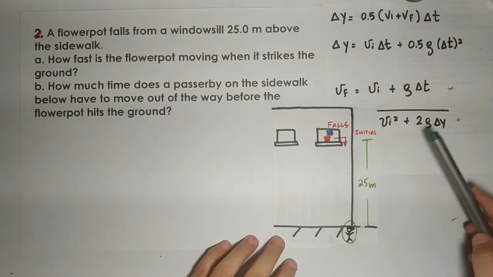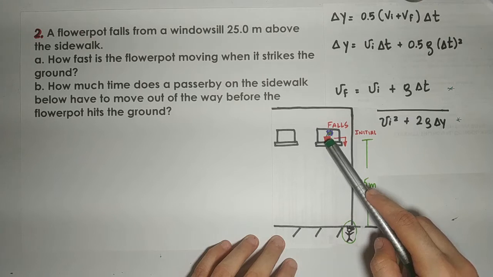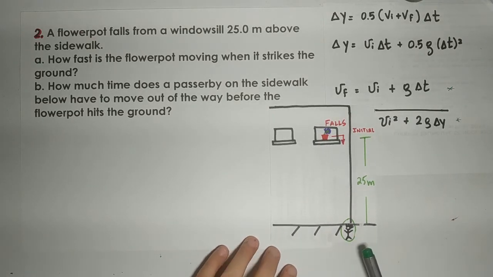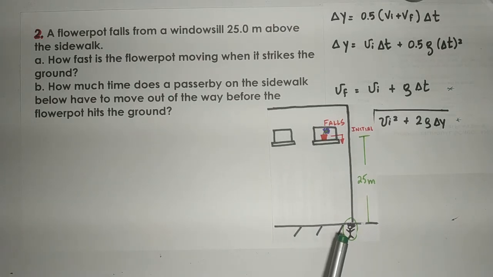So basically this is what's happening in this problem. Let's see, this is a building, a really high building, and we have a flower pot 25 meters over the sidewalk. Now, let's say a cat drops it by accident, of course. How much time do you have to move before the flower pot hits you in the head?